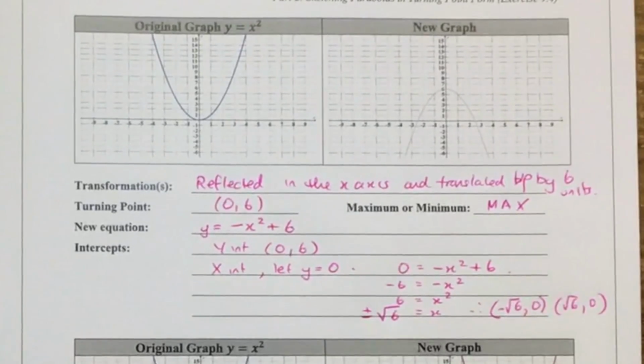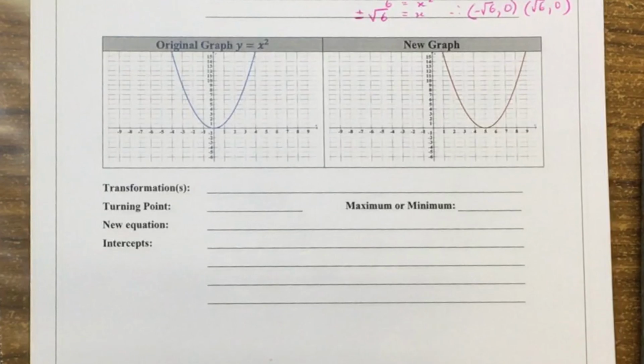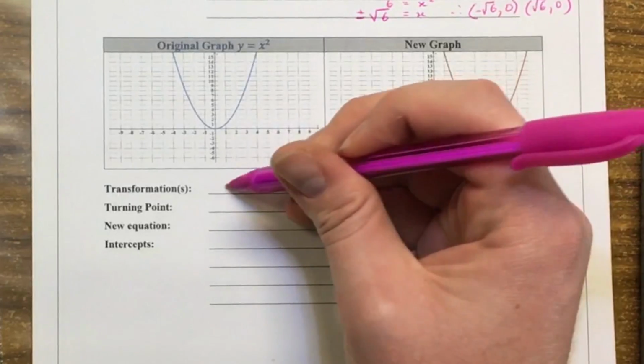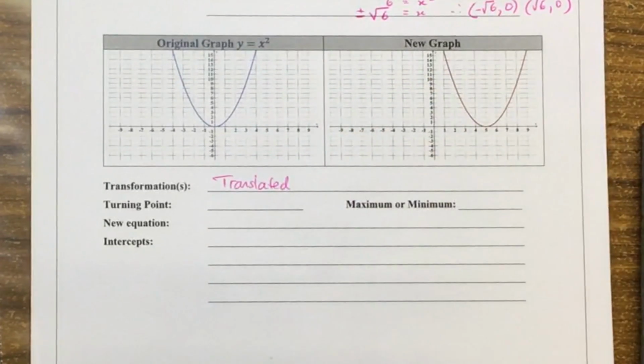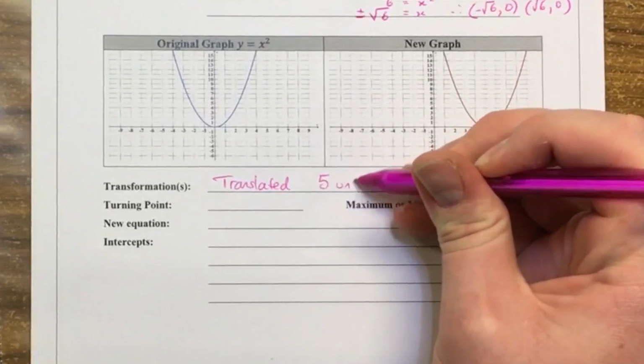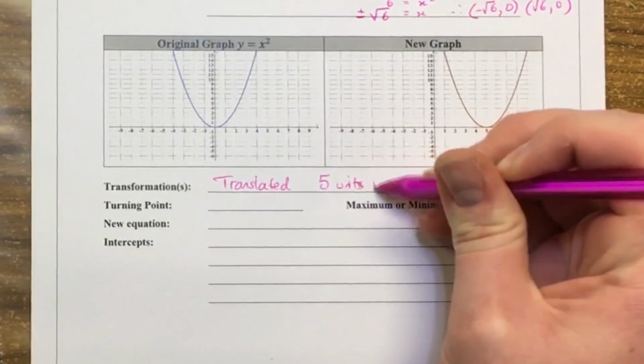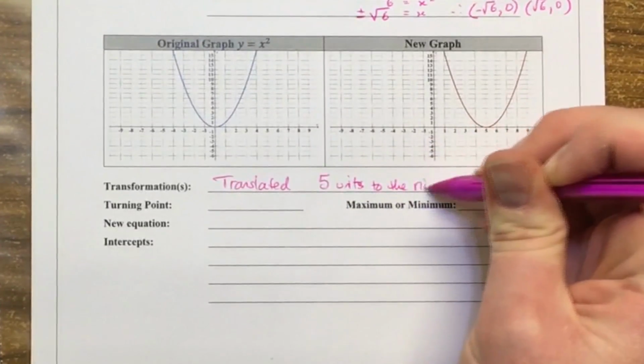Next one, what's the transformation? Put your hand up if you've got a transformation for this one. Mr. Austin, what is the transformation? It has been translated 5 to the right. Yep, it has been indeed translated 5 units to the right.